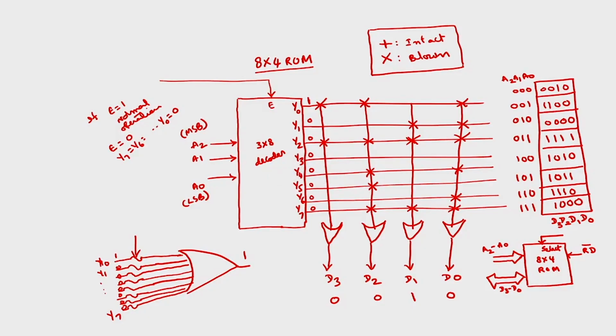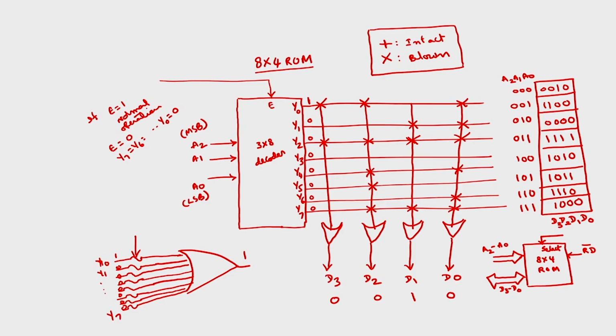Next, we will discuss the random access memory, RAM. Remember the read only memory. So, what is the circuitry in this read only memory? Only an array of OR gates and an array of AND gates. Inside this decoder we will have an array of AND gates, AND gates and OR gates.